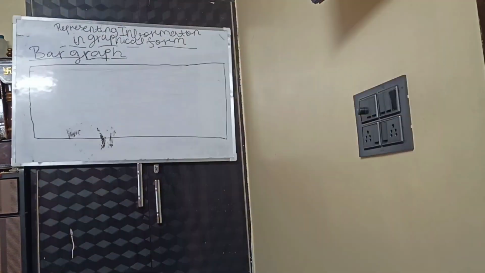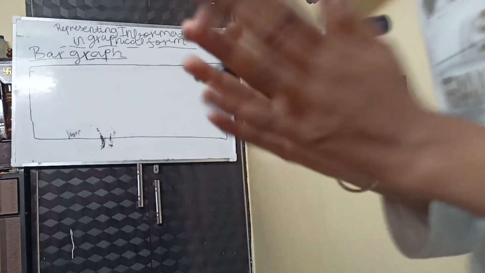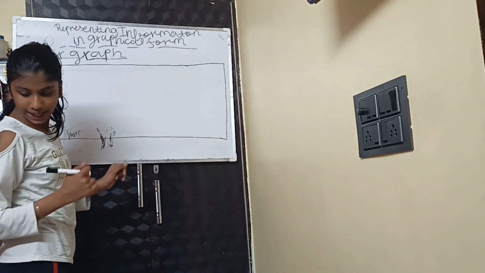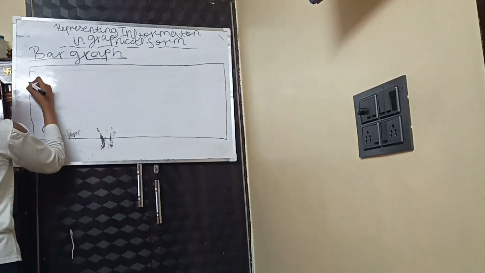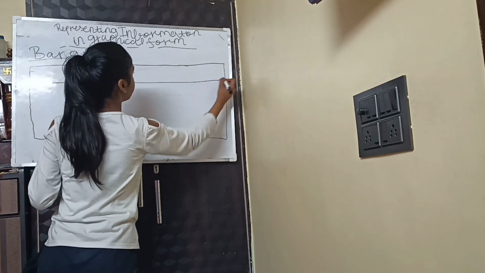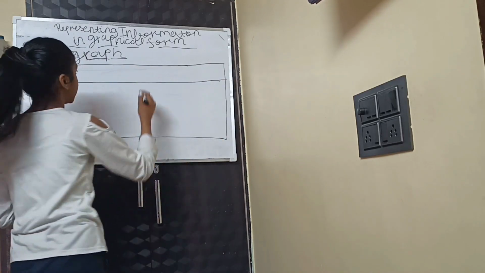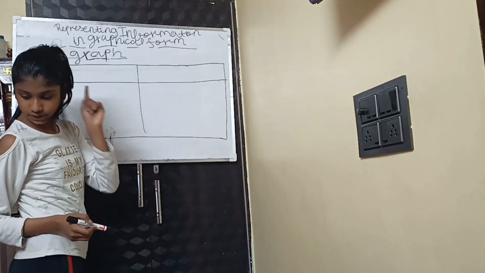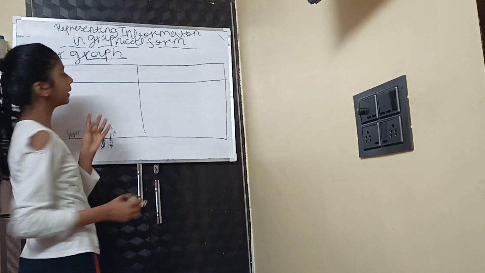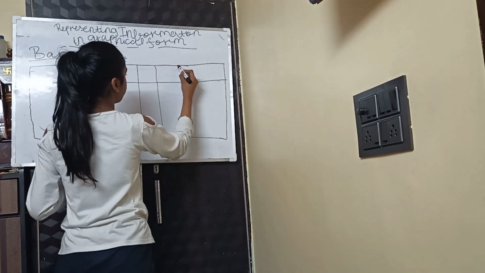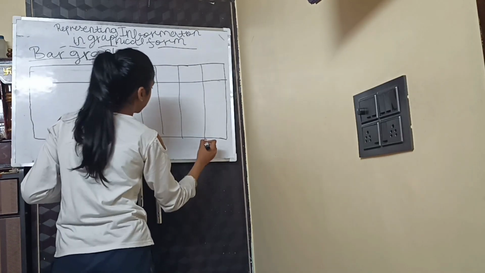Okay? In tabular form, you have to make this type of column, and then you have to make a column like this. Then you have to make one column with 2, 3, 4, 5. Okay, 2, 3, 4 and 5.